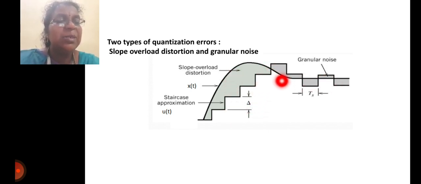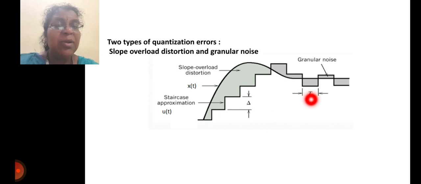Now see this part. Here the message is almost constant, but the staircase approximated signal is swinging up and down. When we see the bitwise representation, the delta modulated binary sequence, this part will be 1 0 1 0 etc. Even though the input x(t) is constant, the output of the delta modulator may swing between 0 and 1 because of the large step size.